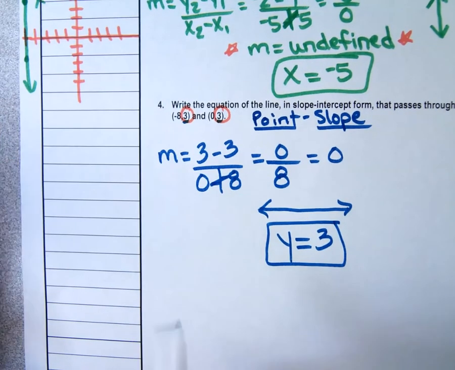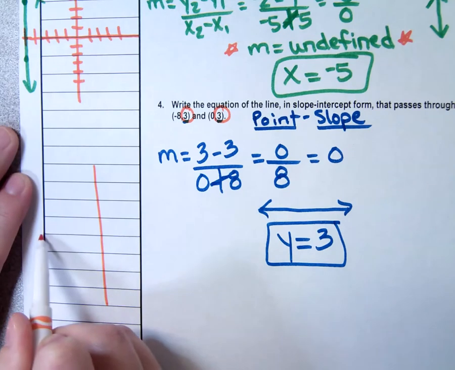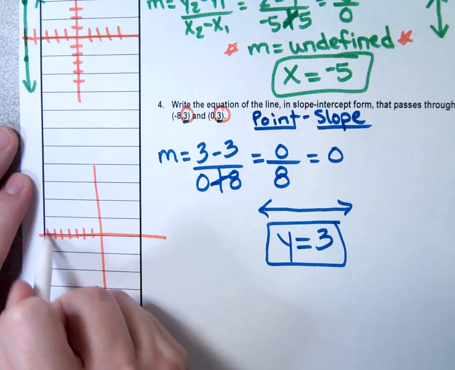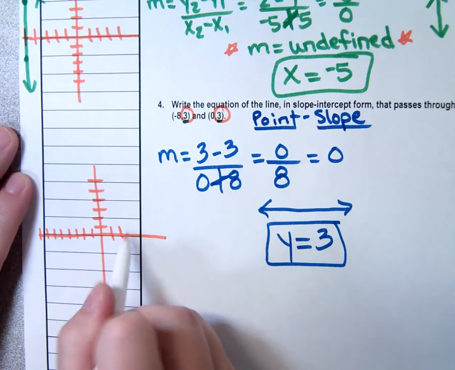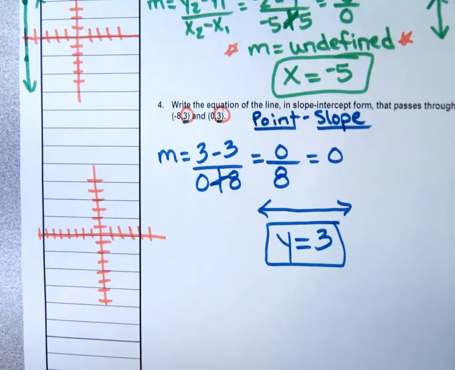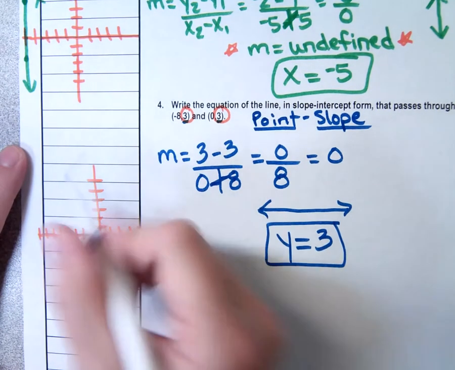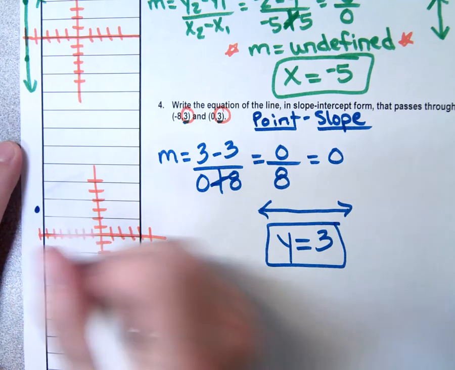Okay. Now, just to give you a little visual, let's do what we did before. I'm going to draw a little coordinate plane here. If I want to plot the point negative 8, 3, I'm going to go left 8, up 3.